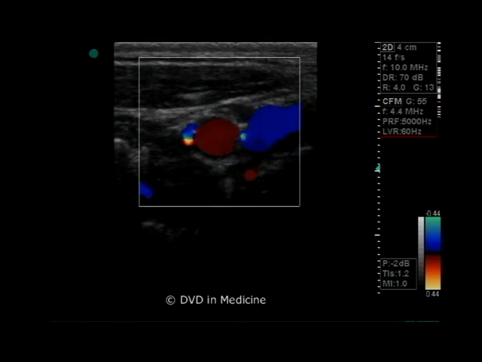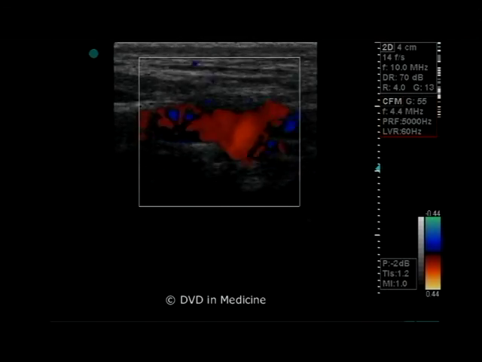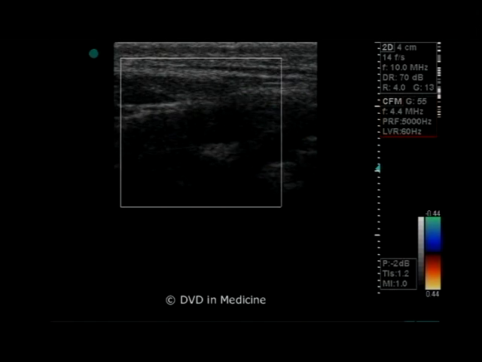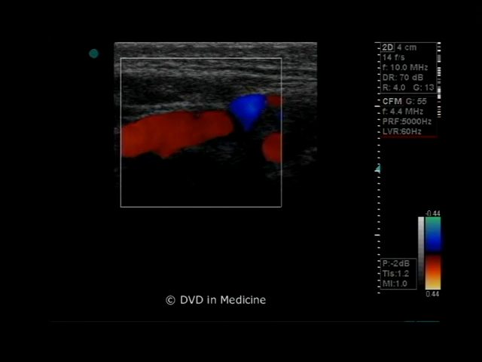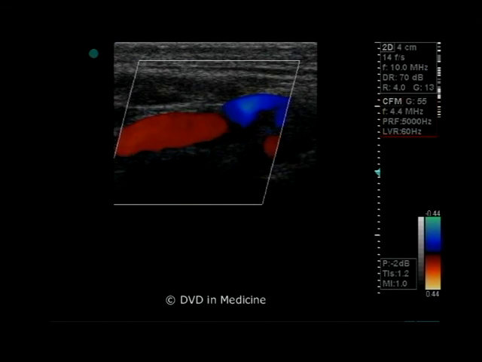One should register the Doppler spectrum in the internal carotid artery from 1 to 2 centimeters above the bulb, or as high as possible, in order to allow the normal bulbar turbulence to settle. This is so-called the boundary layer separation zone.